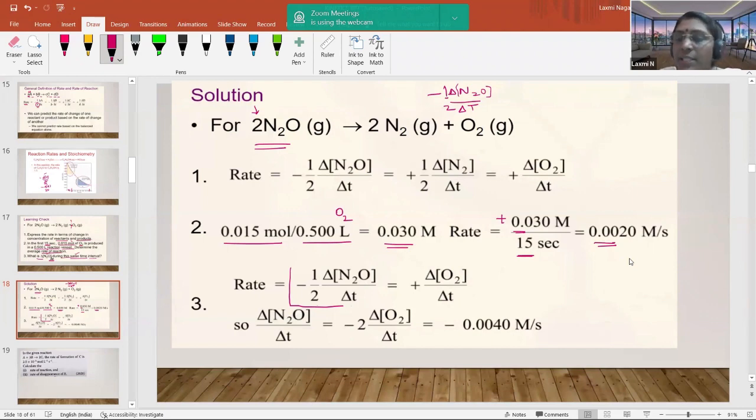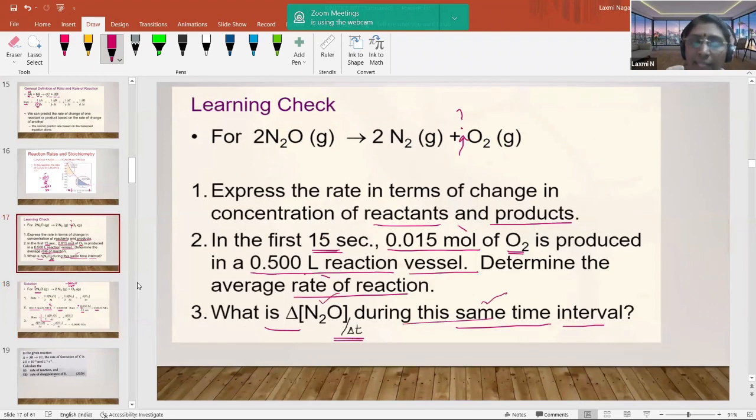So in such questions, go back to the question and read it out. What is del N2O by del T during the same time interval? So let them read. This is the norm. This is given in expression form, but in one of your NCERT text questions, it says, what is the rate of disappearance of? And children are ready to do the calculation because they've understood, but they would not know what they are finding out.